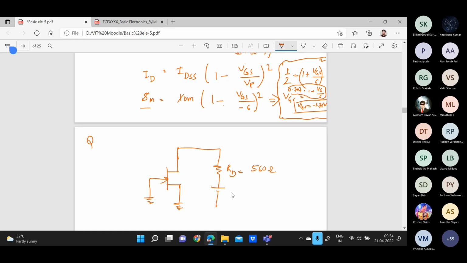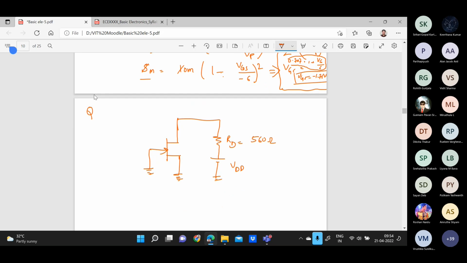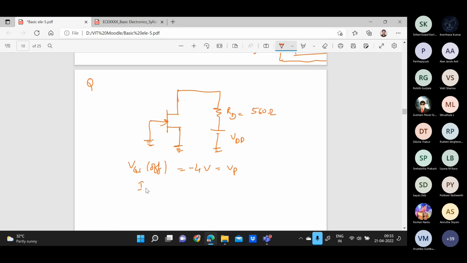And here they are applying the value of VDD like this. They said that this is the JFET where the value of VGS offset or VP is equal to minus 4 volts. Okay, you can assume this is VP. And they also gave us the value of IDSS equal to 12 milliamps.